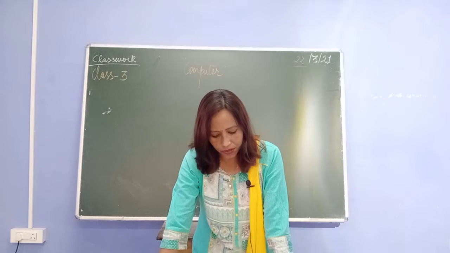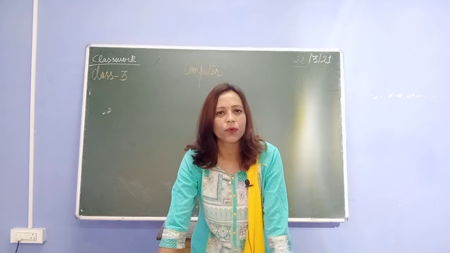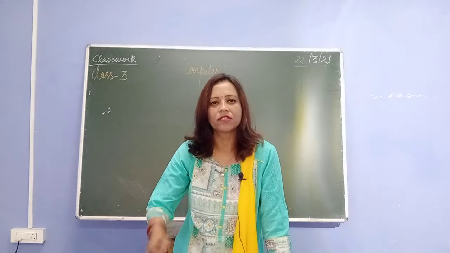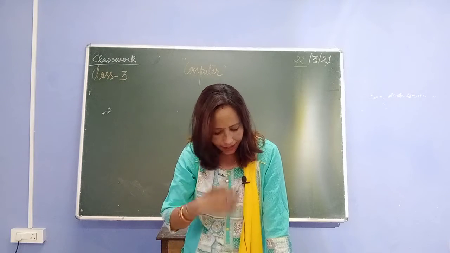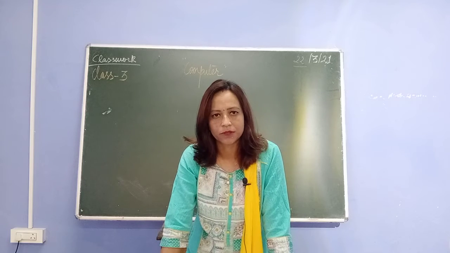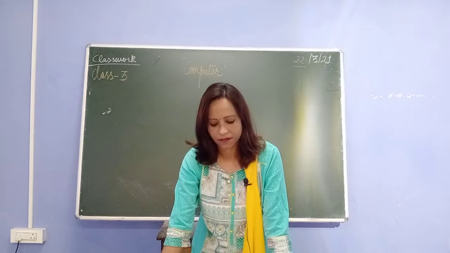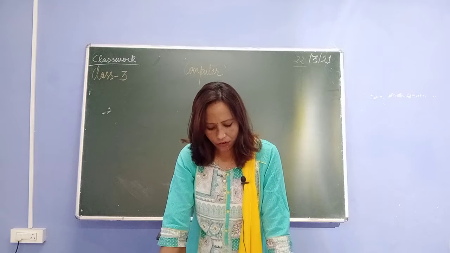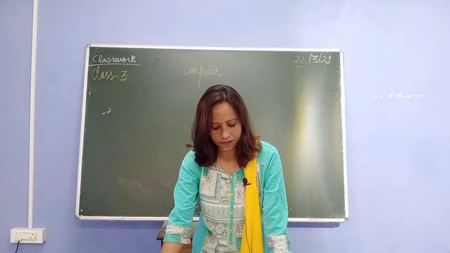Today we are going to do another part, the IPO cycle. I believe you all know what the IPO cycle is. IPO: input, process and output. It is the way the computer works. So let's see.